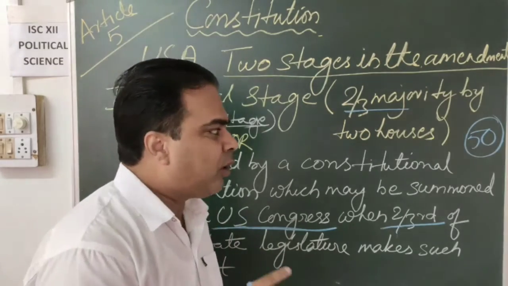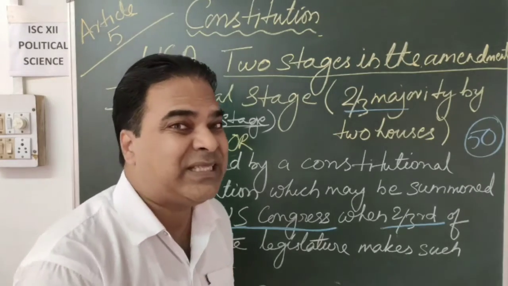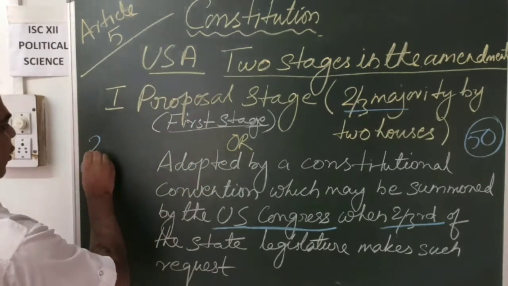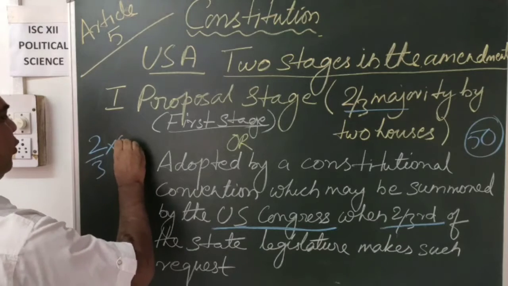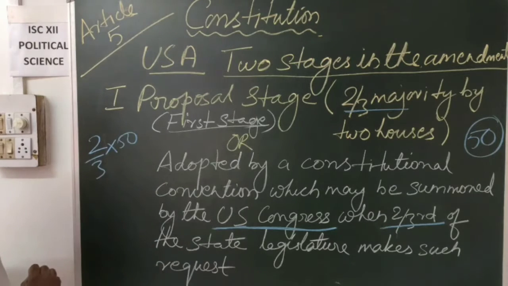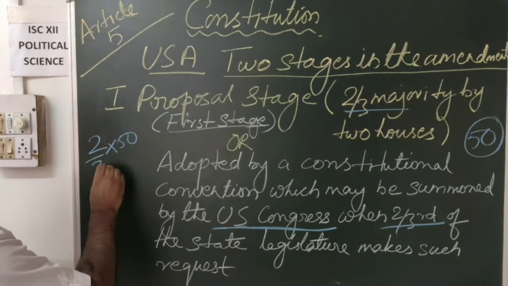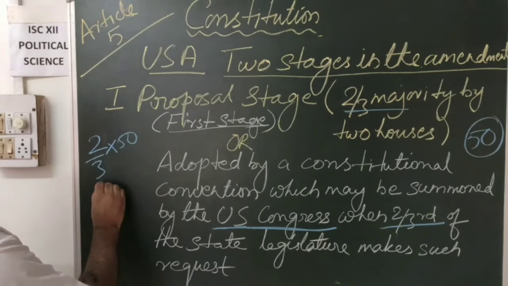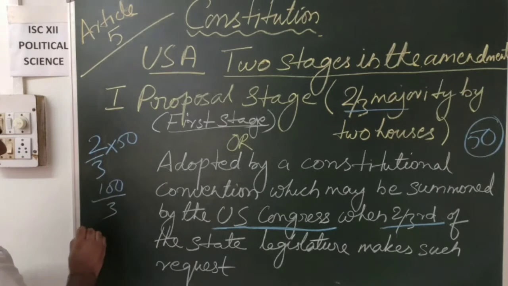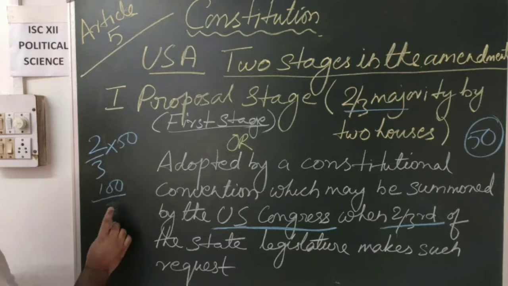If two-third of the 50 states, let me tell you, see here, 2 by 3 into 50, what will be the result? 2 fives are 10, 100 by 3, so it will be 33. Let us make it 34.